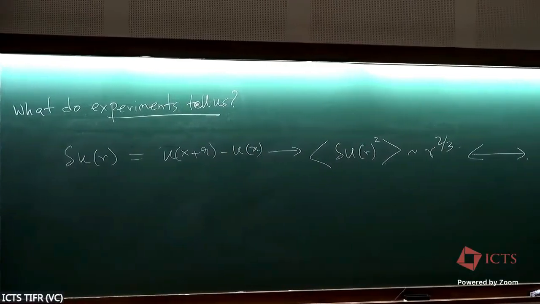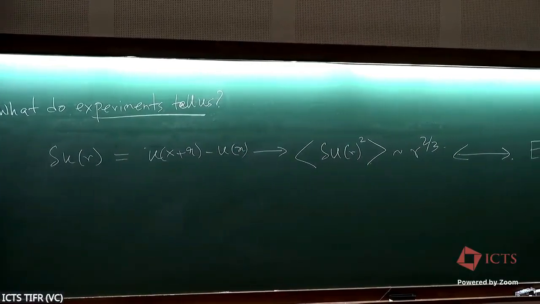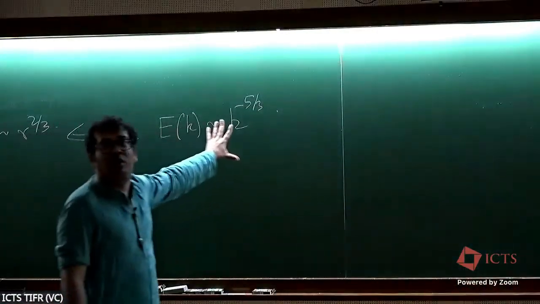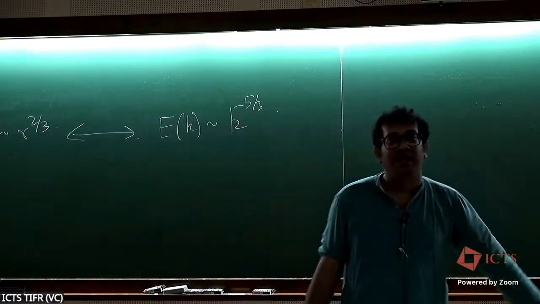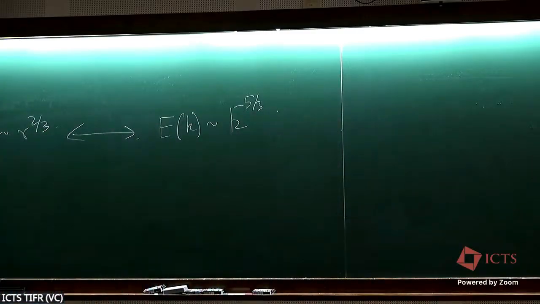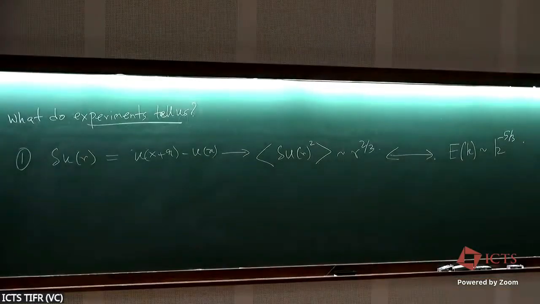When people give a colloquium on turbulence, that's probably one of the first things they show you, that the energy is distributed across wave numbers as k to the power minus 5/3. It's a natural and simple consequence of Fourier transforms, and we'll do a bit of this in the tutorial with Ritik. So the first thing that we know from experiments is that this relation holds.